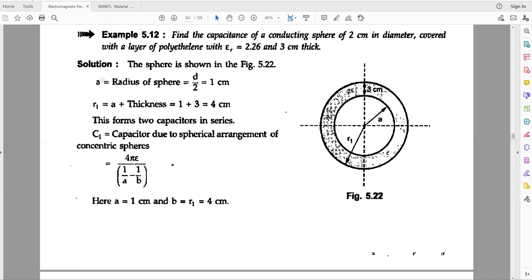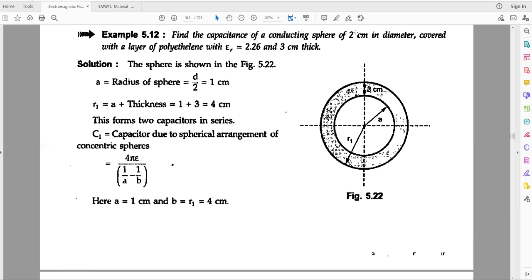The radius of the sphere is A. The radius is given by diameter divided by 2, that is 1 centimeter. And the radius R1 is A, the radius of the sphere, plus the thickness. Okay, consider here A as the radius of the sphere.